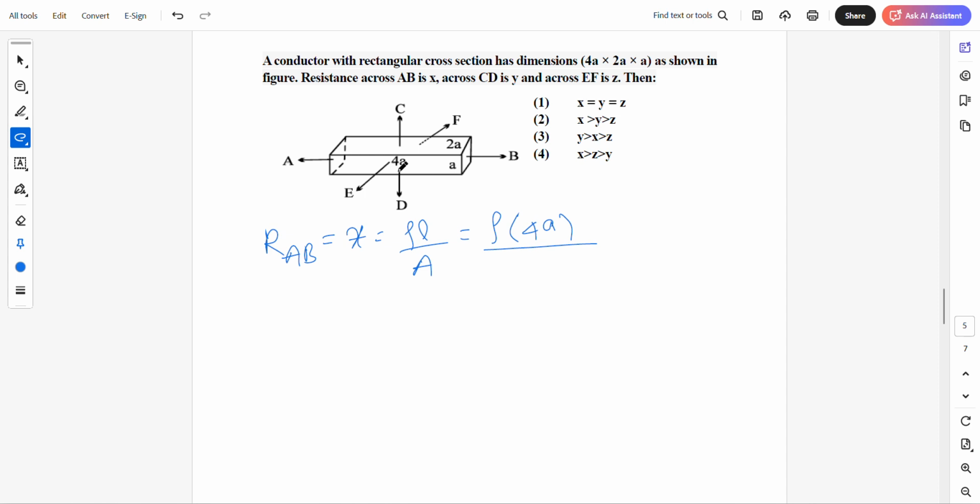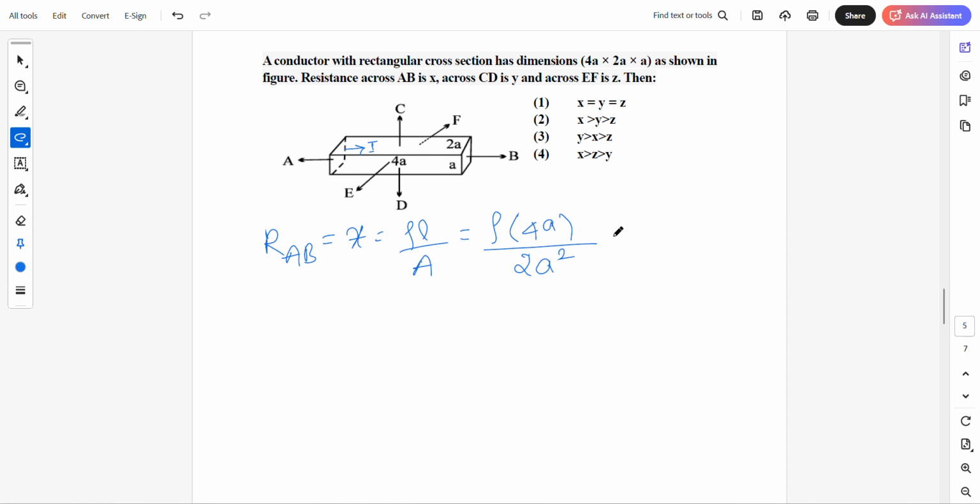Area is A into 2A, that is 2A square, right? Current will be flowing like this. This is the length. What is the area? Area is A into 2A, which is 2A square.